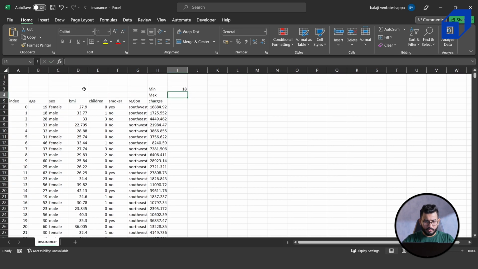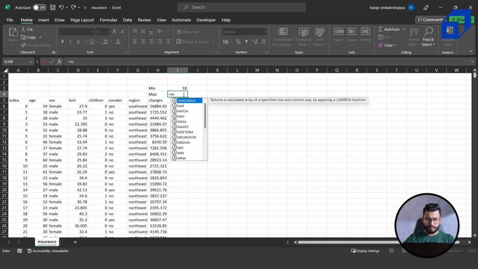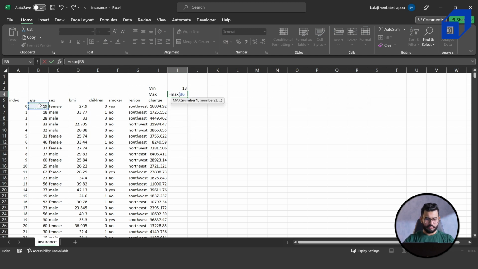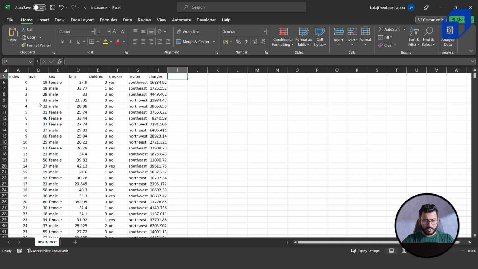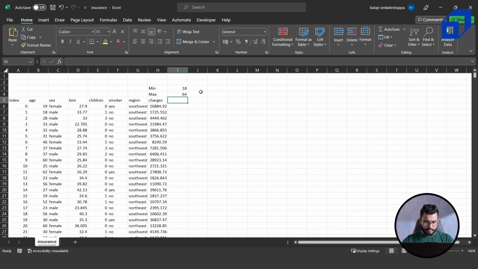So I'm having the minimum value to be 18. Then calculate the maximum of the column age. The maximum value is 64. Similarly, I'll call this column age underscore normal. Similarly, I'll do it for BMI, BMI underscore normal, and then for charges, charge underscore n. Let's quickly shift these columns.